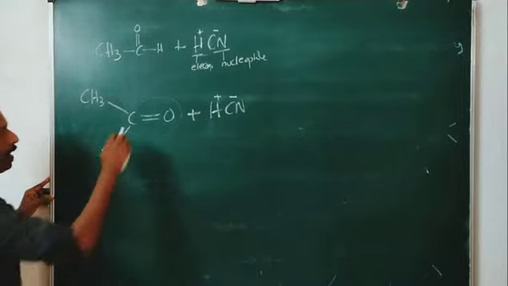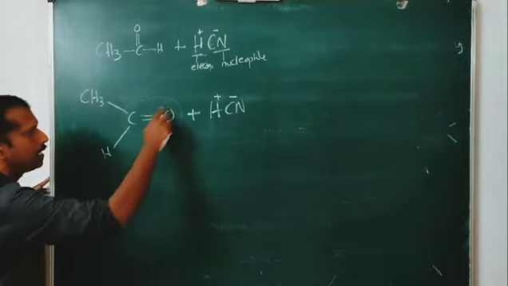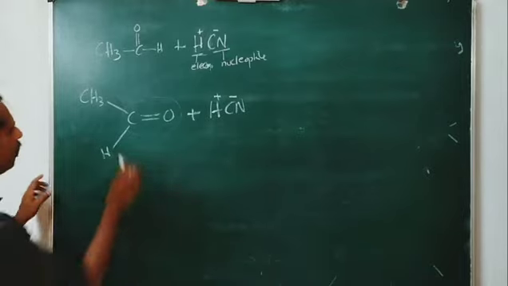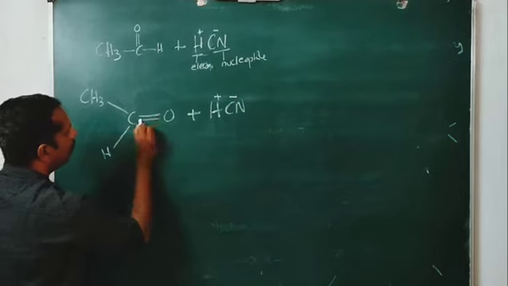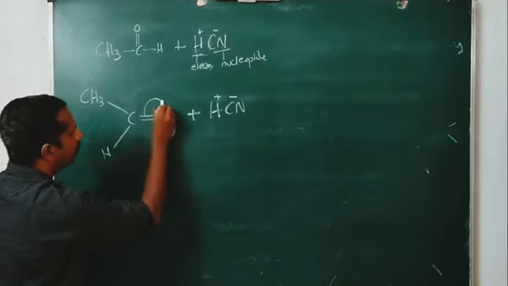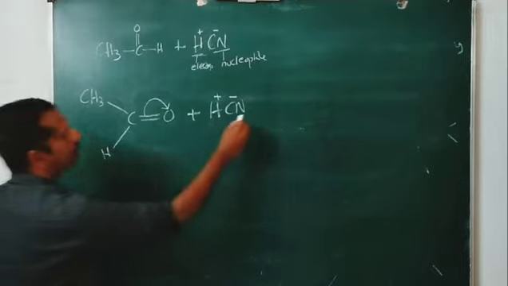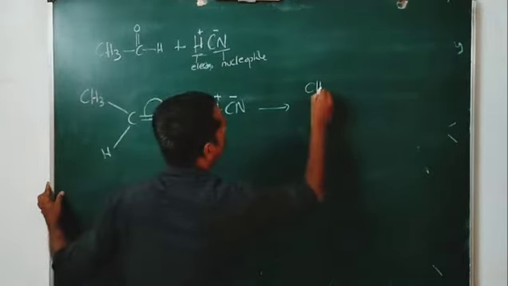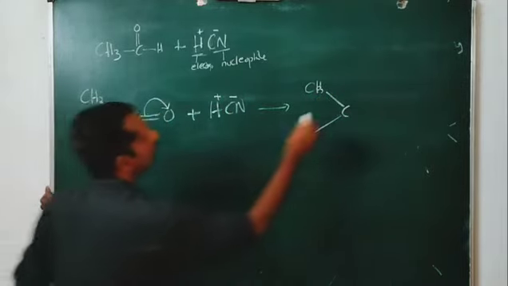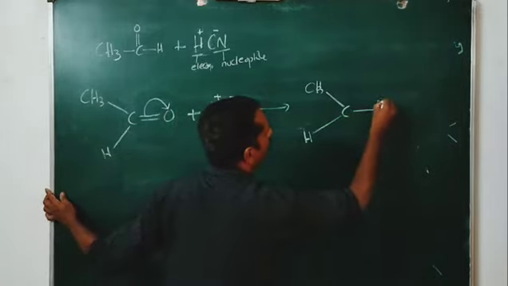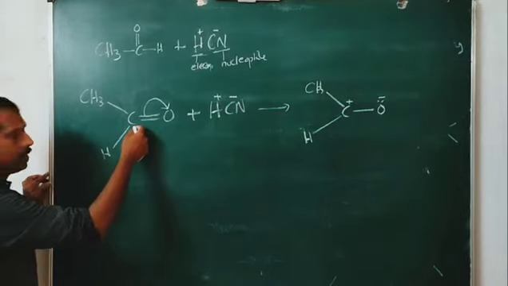When in a double bonded part one atom is more electronegative, here oxygen, the pi electron pair will always be shifted to the more electronegative oxygen. So we get CH3, C, H. Since the bond is moving towards oxygen, oxygen gets a pair of electrons and a negative charge, and here carbon becomes positively charged. Clear?